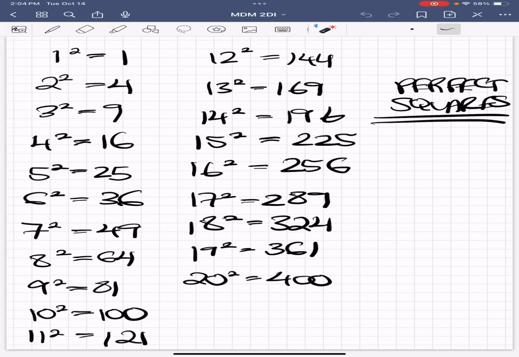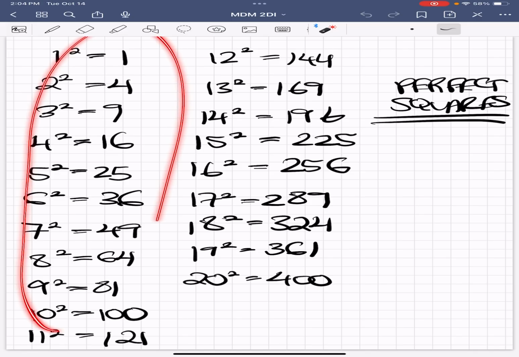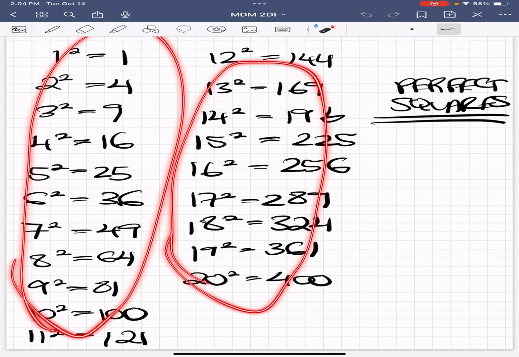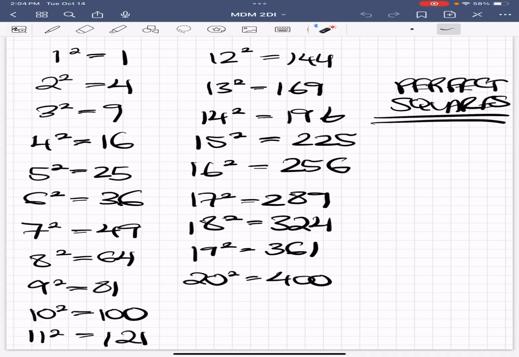So basically, here's all of the perfect squares. If you need a moment to write them down, you can pause and write them down.